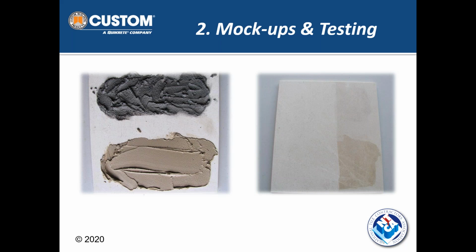So again, just a simple, quick, easy test that can be done very quickly and inexpensively to say, what is the potential for staining with the materials I'm using? Now, I will point out on the picture on the right, you can see where the grout smears were of each color. But notice that when I cleaned it off, the stone itself still got darker from just the wash water, the rinse water.